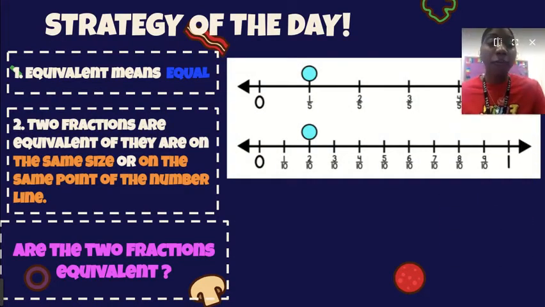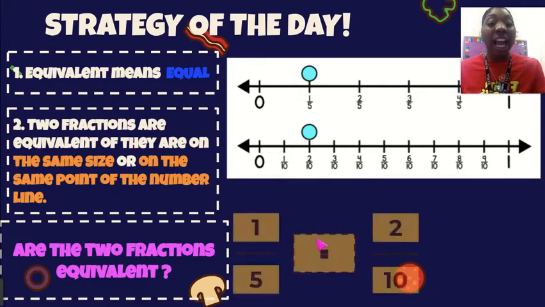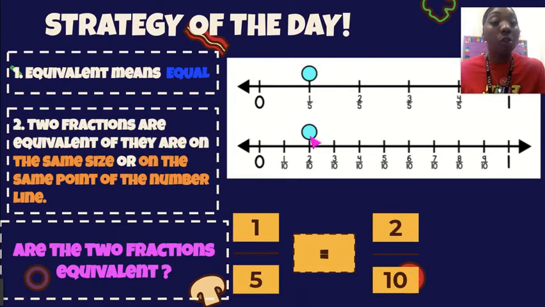We have a number line that is broken into fifths, and we have another one that's broken into tenths. And they're asking us, is 1/5 equivalent or equal to 2/10, right?